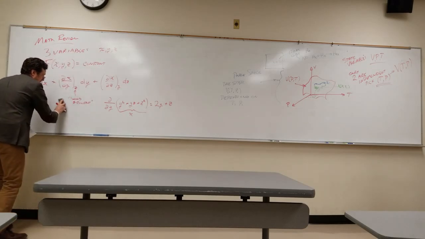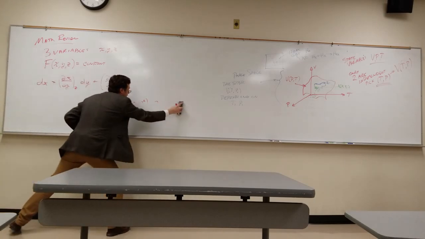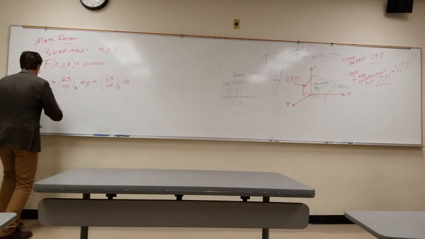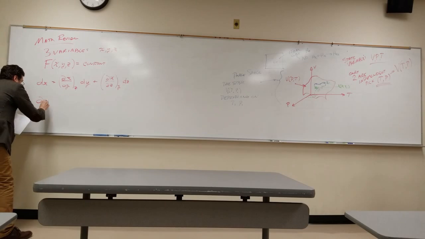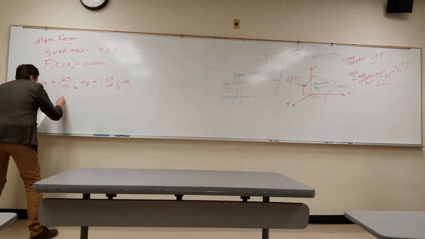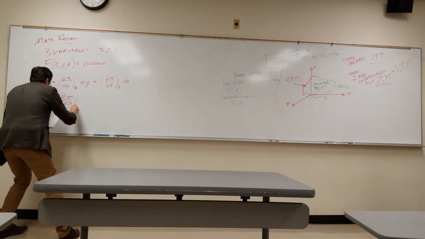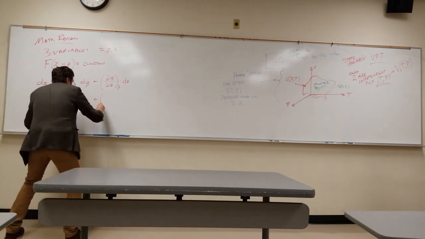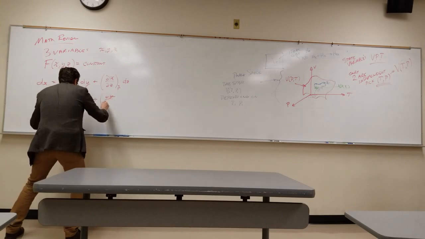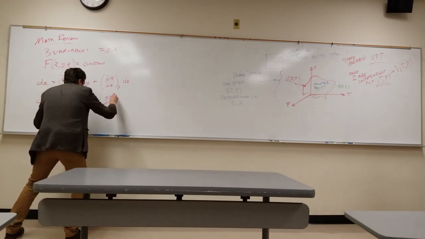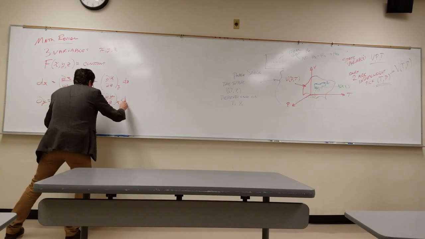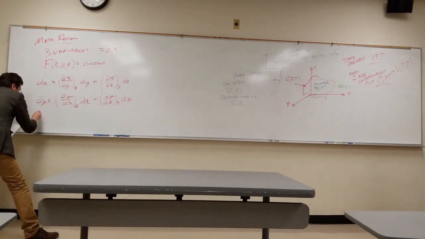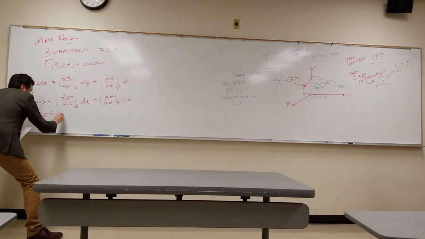I'm gonna erase this. Similarly, we write the differentials. dy is equal to the partial of y with respect to x times dx, plus the partial of y with respect to z times dz, and dz equals dot dot dot.